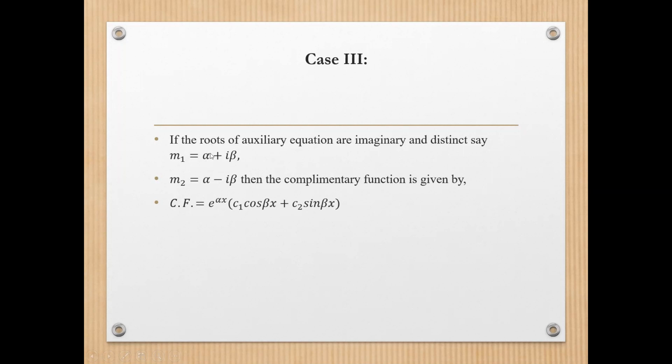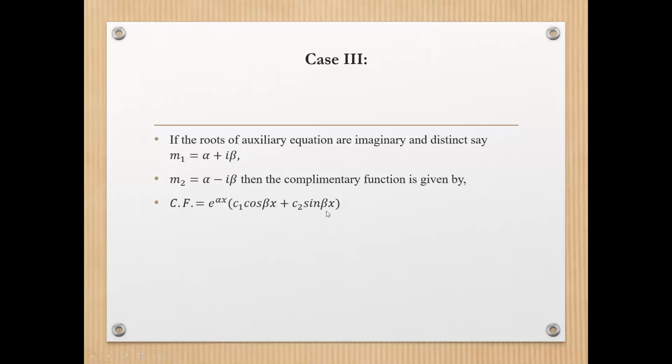This is the complex root. Corresponding to this complex conjugate, the complementary function is given by CF is equal to e raised to alpha x, where alpha is the real part of this complex conjugate root, into bracket c1 cos beta x plus c2 sin beta x.